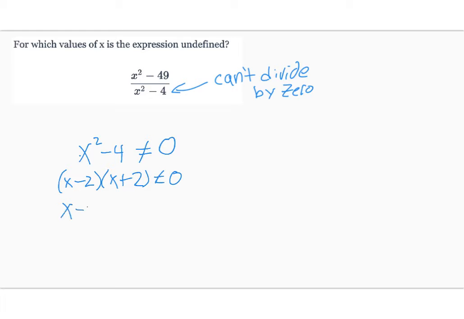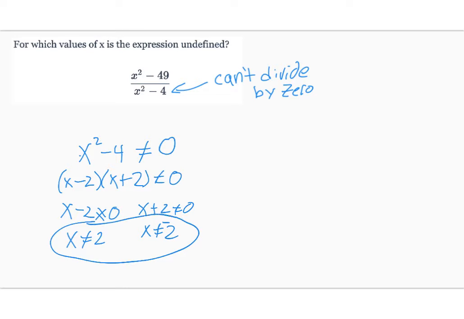That tells me that x minus 2 cannot be 0, which means x cannot be 2, and x plus 2 cannot be 0, which means that x cannot be negative 2. These are our domain restrictions. These are the values that are undefined for this particular rational expression.